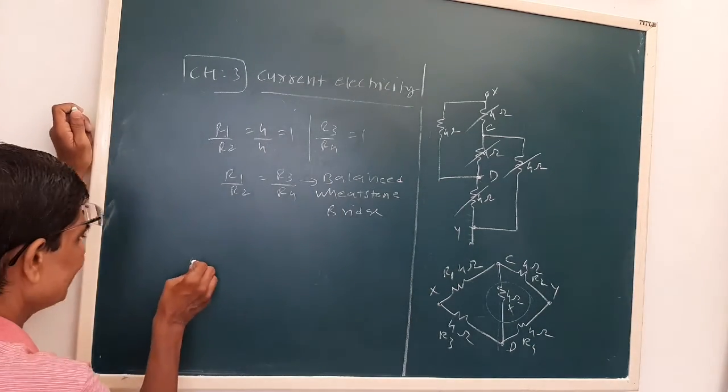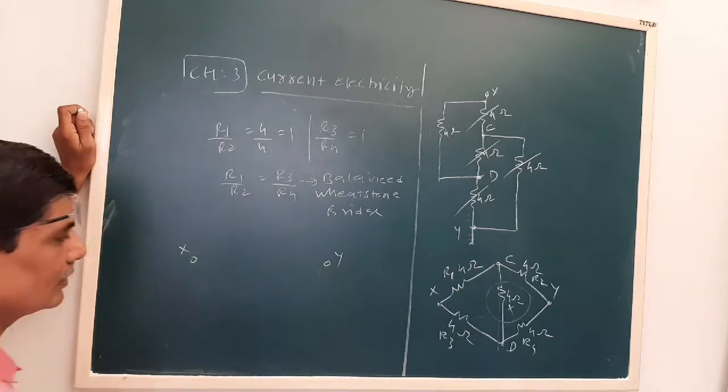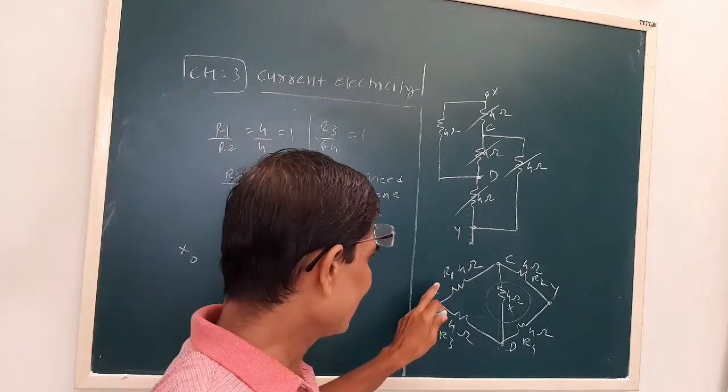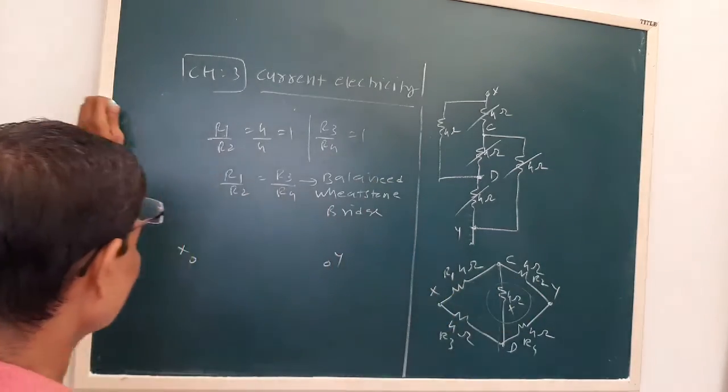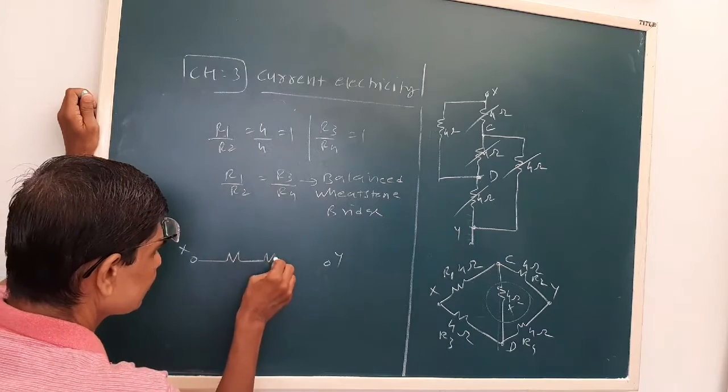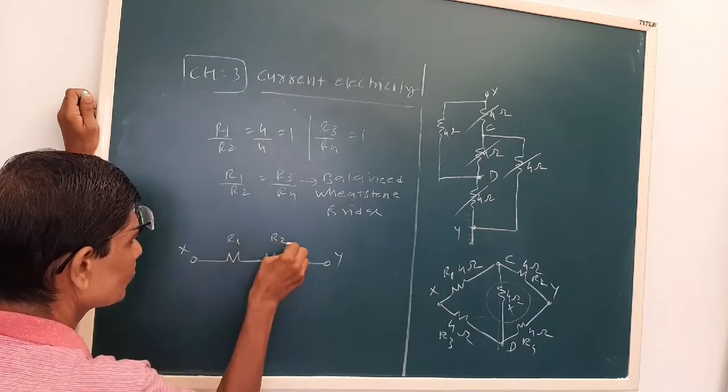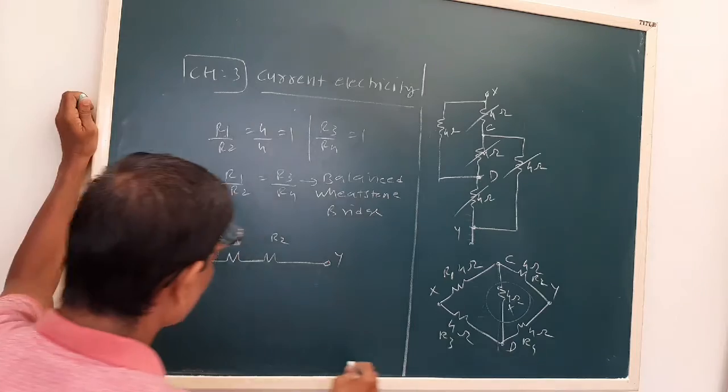Now again we have to draw the equivalent circuit between X and Y. See, these 4 ohm and 4 ohm, R1 and R2, are in series. R3 and R4 are also in series.